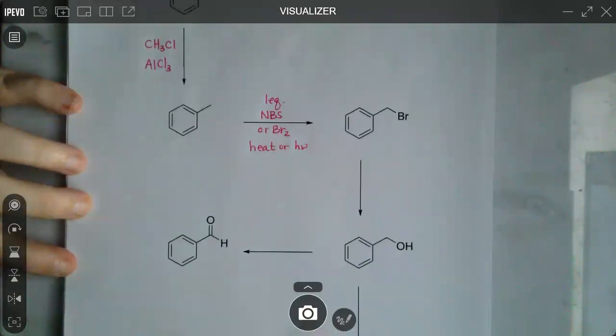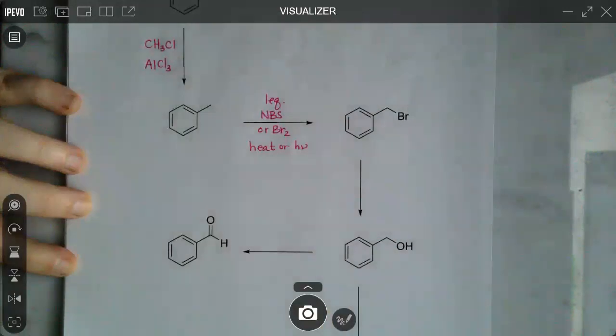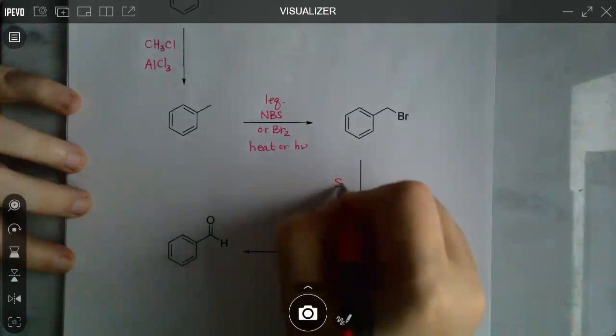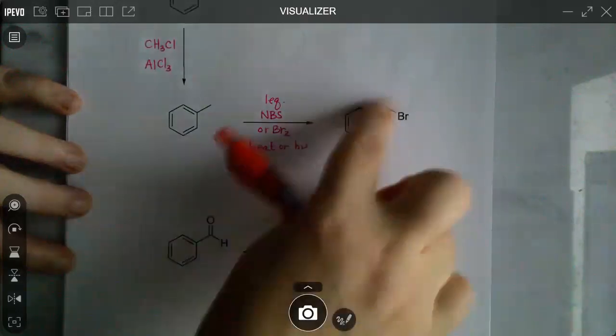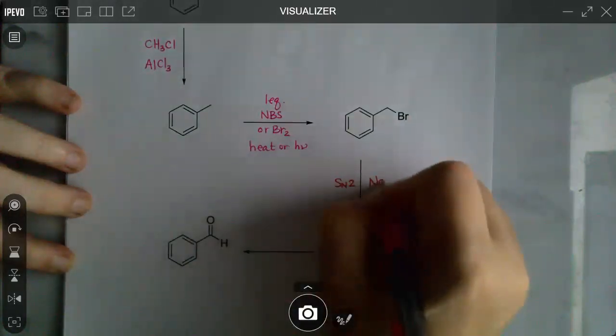Going from the benzylic halogenated product, in this case benzyl bromide, we do an SN2 reaction here, right? This is an SN2 because this is an unhindered primary carbon. We're going to do sodium hydroxide.